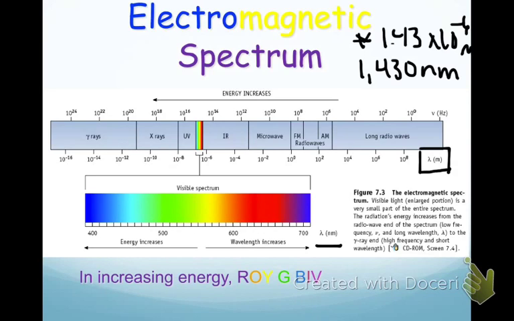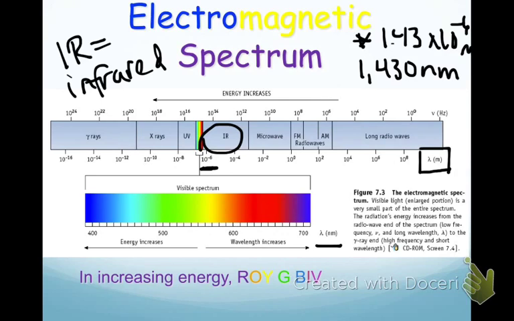So I'm going to use this top number, 1.43 times 10 to the negative 6 meters. I'm going to look on the bottom axis to where I find negative 6. And again, it should be past the red color of light. Or I should say not yet towards the red color of light. So that puts us in the infrared range. IR is infrared.